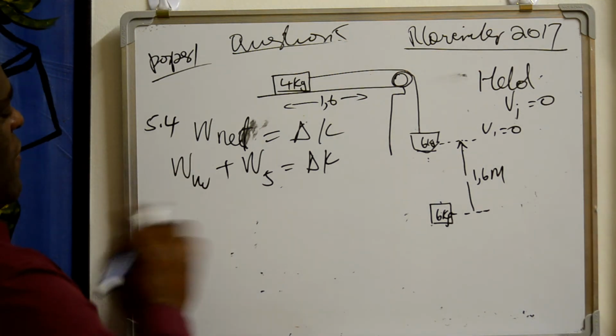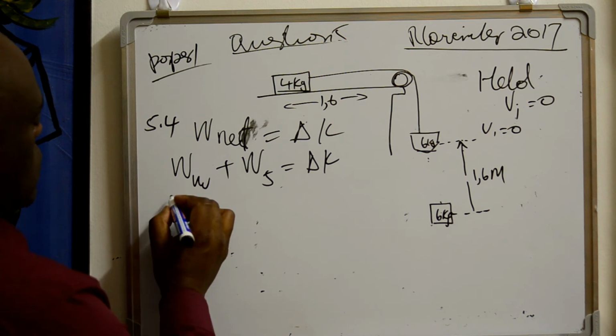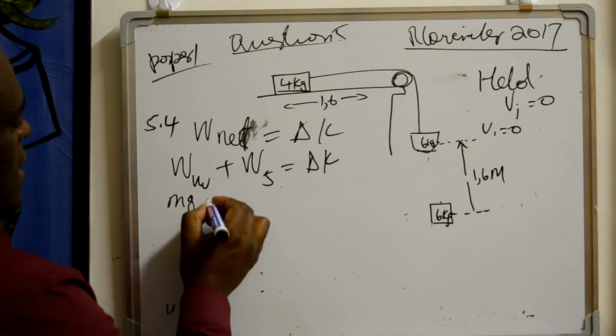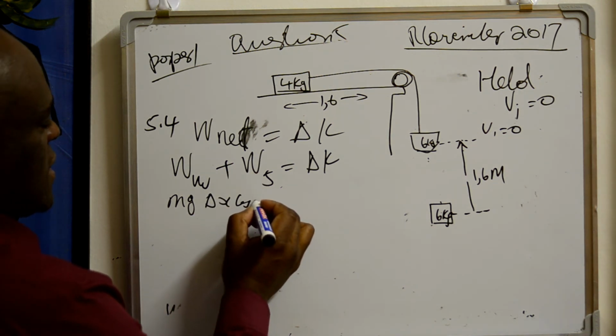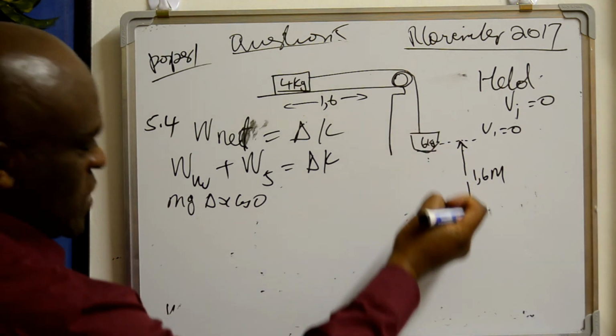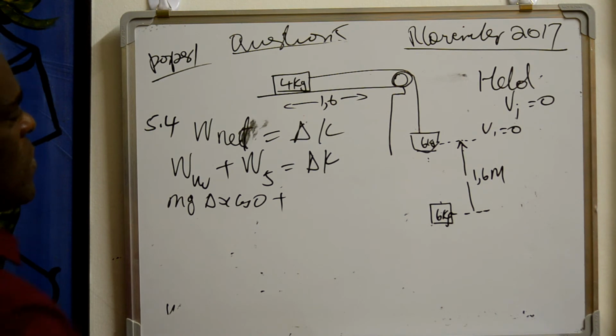Let me do it. The work done by the gravitational force is mg delta x cos 0. Why do I say cos 0? Because the force is in the same direction as the motion.